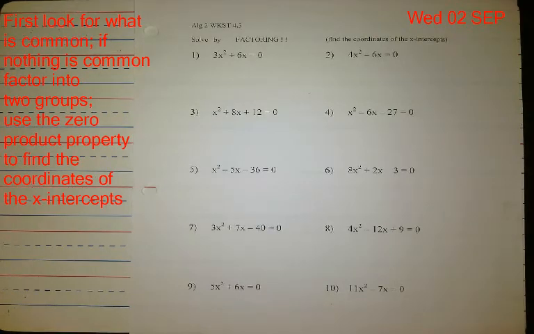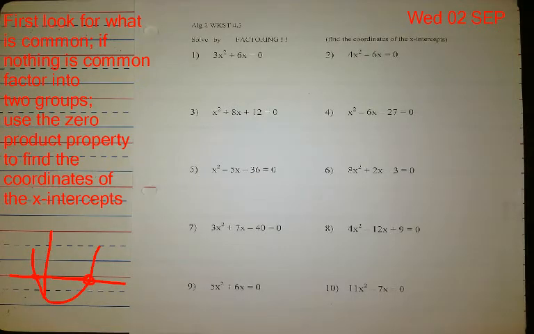Now when we mean solve, we're looking for the x-intercepts, the place where the parabola crosses the x-axis. So remember, a parabola can cross the x-axis lots of places, in two places in this one.